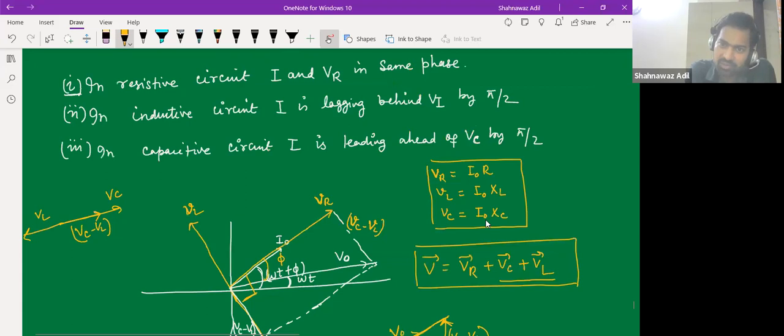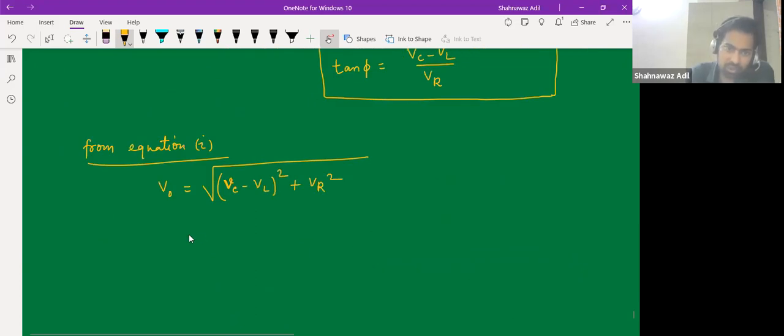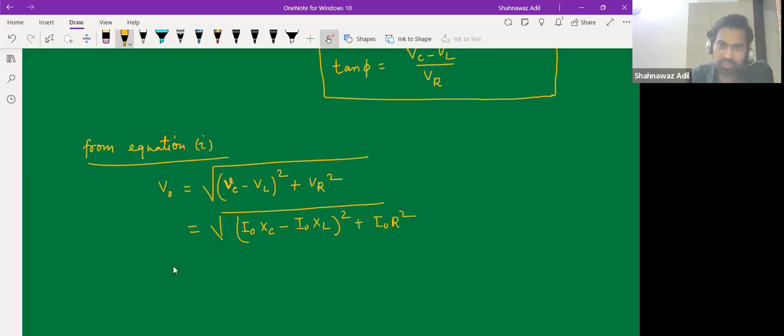I naught XC, right? So we will plug in all the values. So this is I naught XC, this is I naught XL, and square plus I naught and R square, right? Whole square.